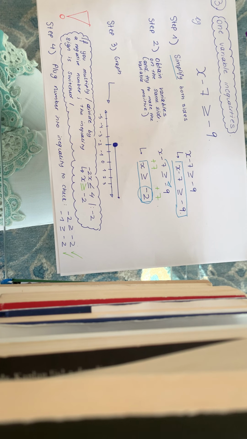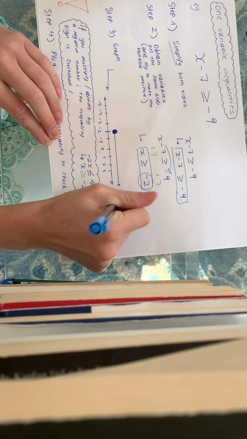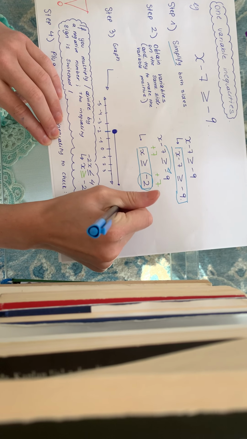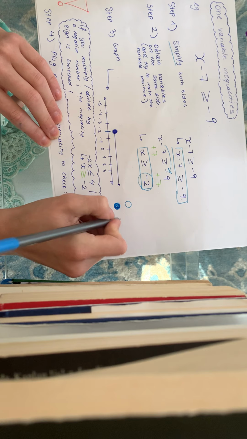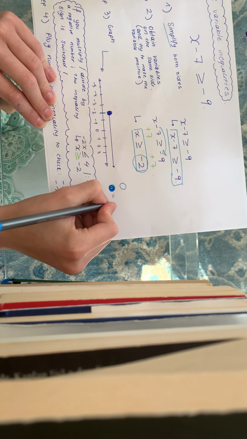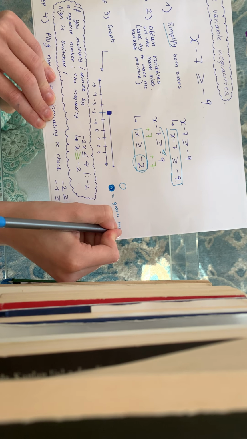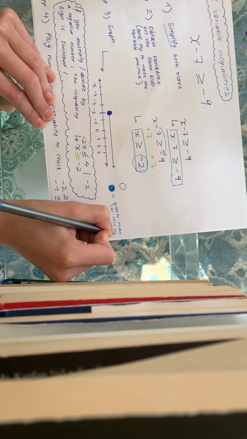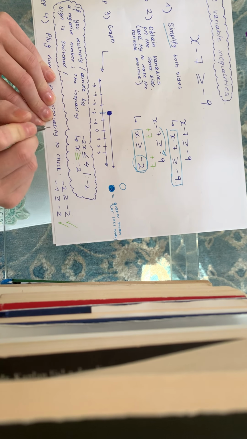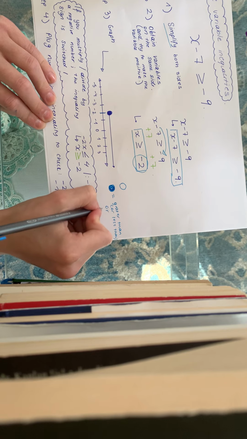And then you put a dot, either a dot like this or a dot like this, on top of the number that is your result. This means that it is greater than, or less than, depending on the equation, or equal to.